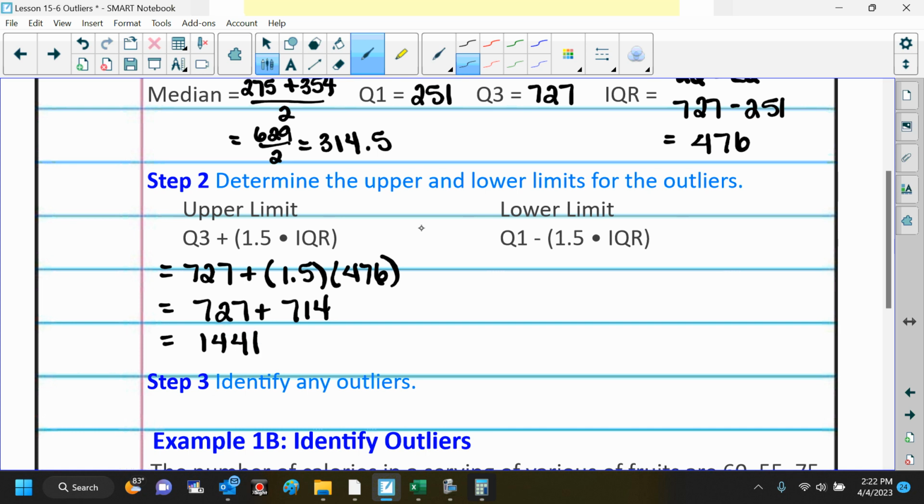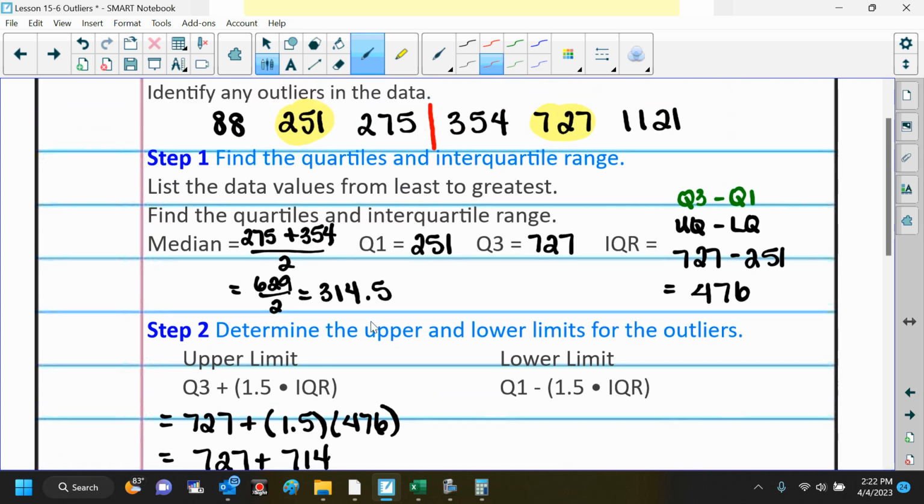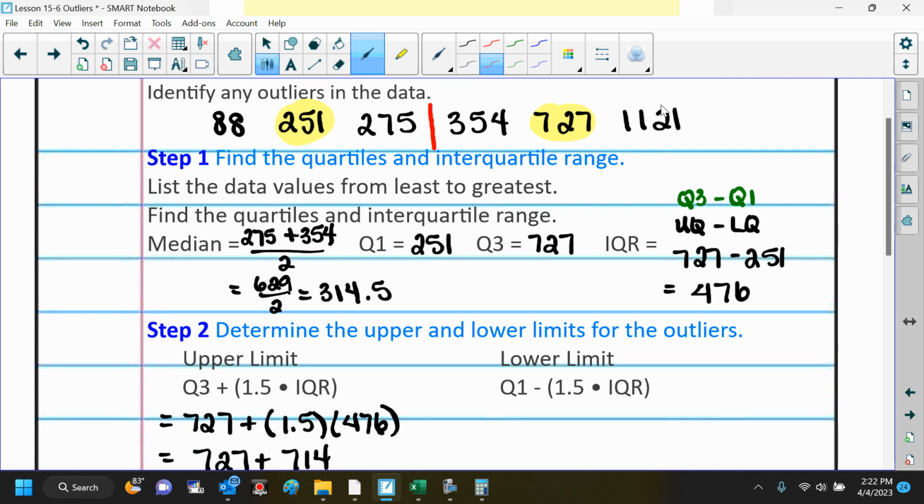Now, this is the upper limit. So if we have a number that is higher than that, then that number is an outlier. Let's take a look. Do we have a number that's higher than 1,441? Nope, this is 1,121, so that is not an outlier.